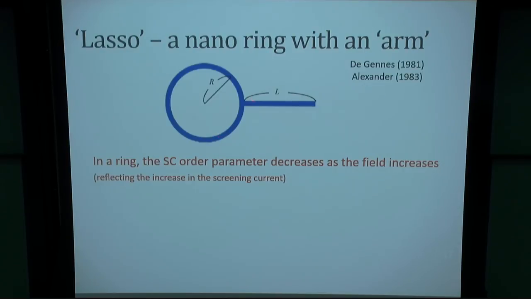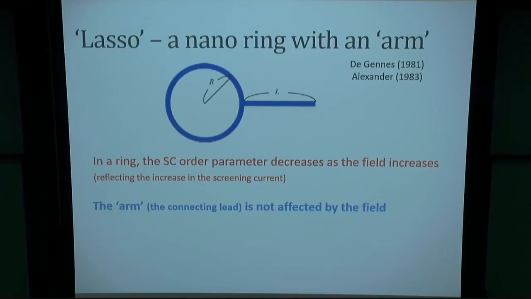So as a result, we have here a kind of a strong link, just the opposite of a weak link. Let's ignore the details, but in essence this arm forces the order parameter here to be maximum. And by symmetry arguments, it must be minimum here. So if you go this way or that way, you see changes of the order parameter along the ring, with a minimum, as I said, here at the antipodal point.